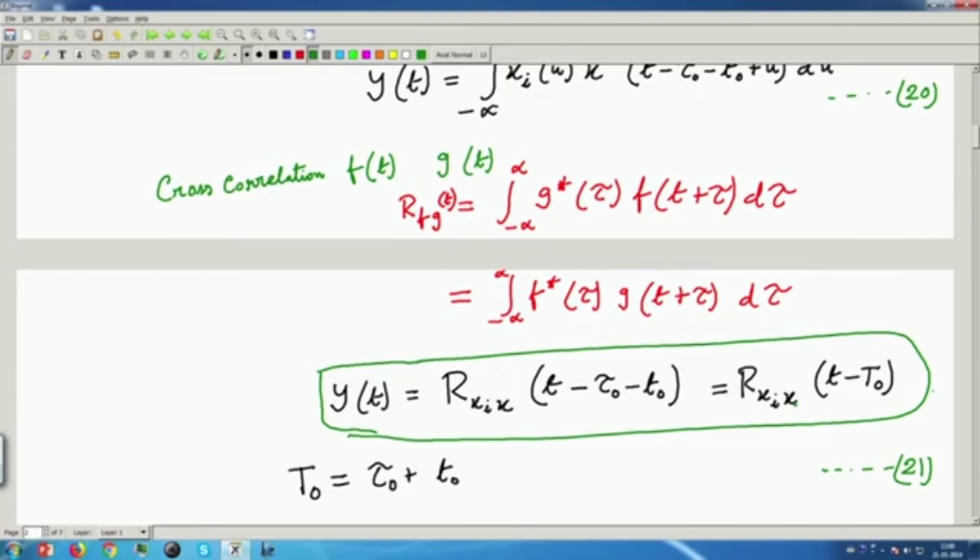This is an important thing, that is why the topic name is that the match filter output is nothing but a correlator. What does it correlate? The received signal correlates with the transmitted signal delayed by T naught.